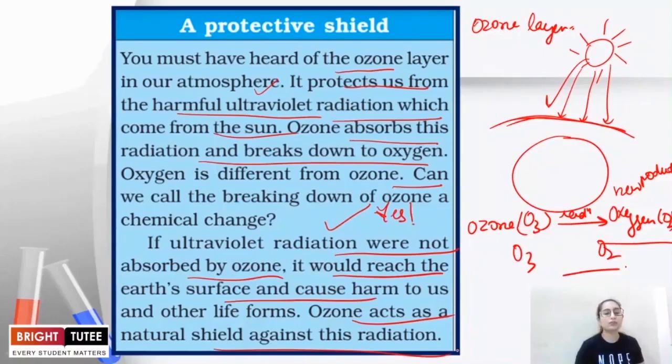The ACs that you use utilize chlorofluorocarbons which are harmful for our ozone layer. So we have to use ACs and refrigerators as little as we can because they can harm our ozone layer. So this was the second topic of your chapter in which we talked about different chemical changes. Thank you for your attention, students.